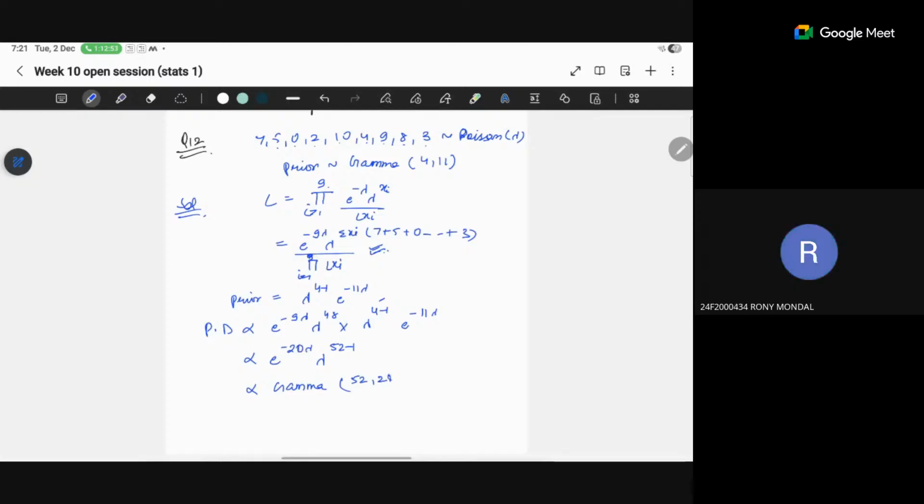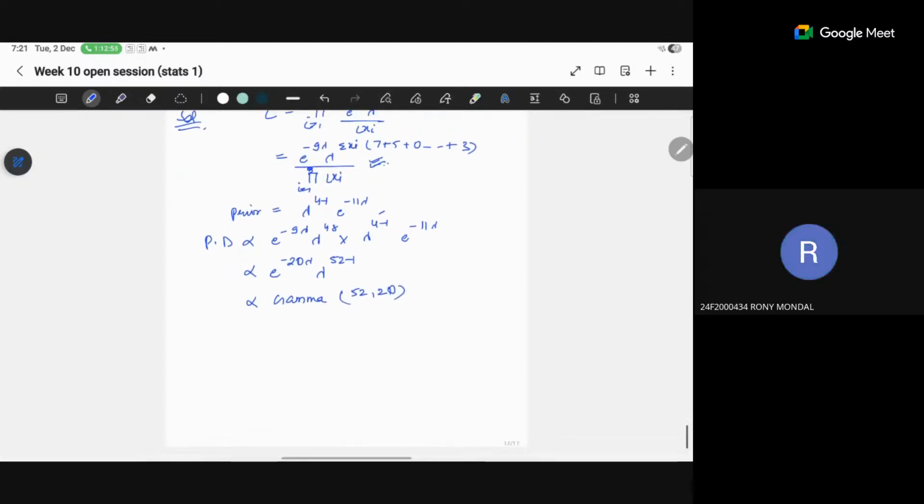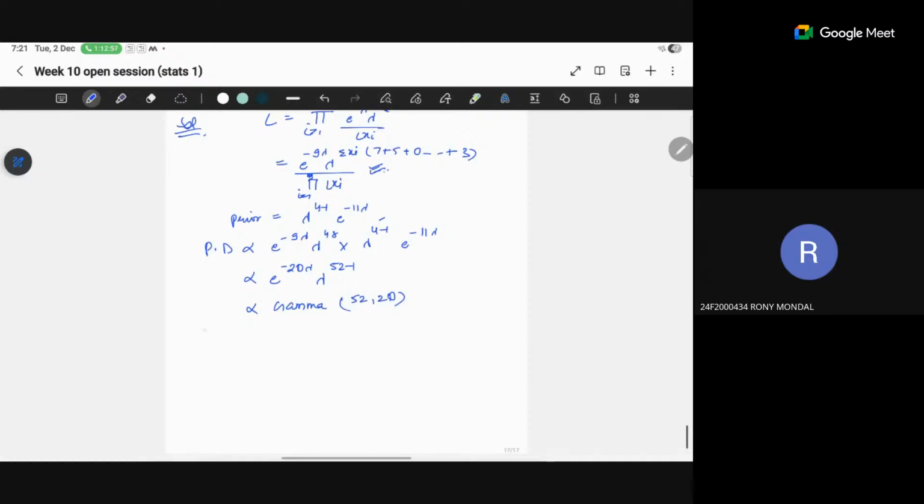Now the posterior mean will be 52 divided by 20, which comes out to be 2.6.